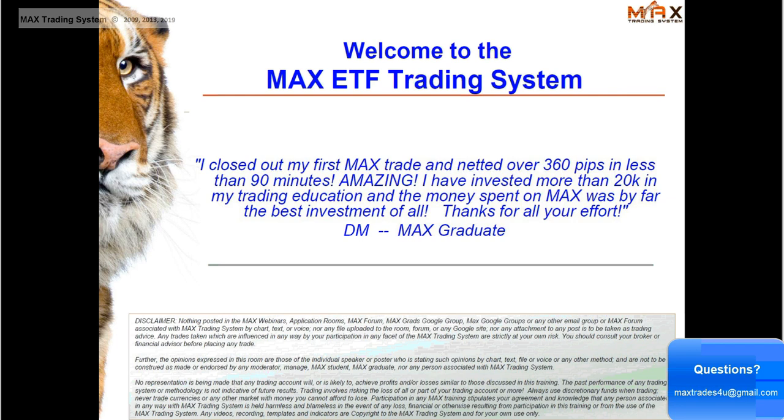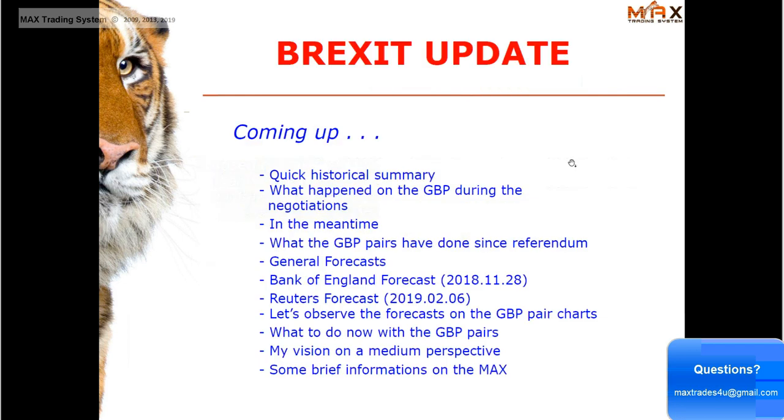So what are we going to cover today? I will, with a few words, make a very quick historical summary of the Brexit history, because we have lived for the last 3 years some very interesting events with the Brexit, and then we will see on the chart what has happened on the pound, so the pound pairs, during all that period, which was a period dedicated to the negotiations for UK leaving the European Union.